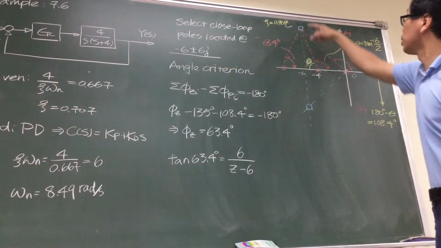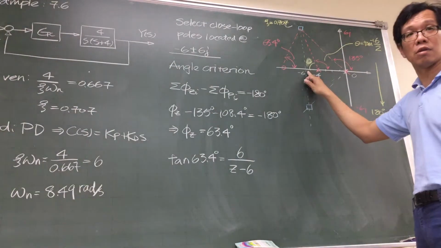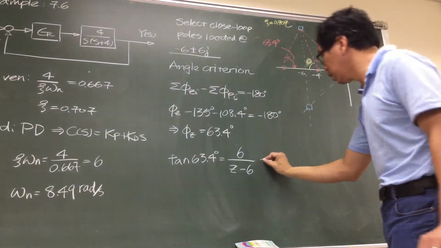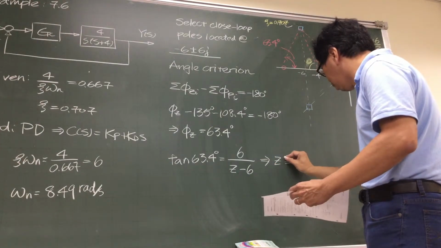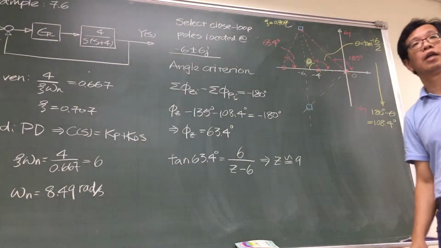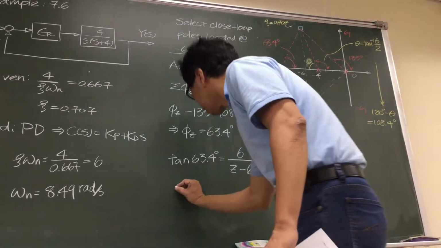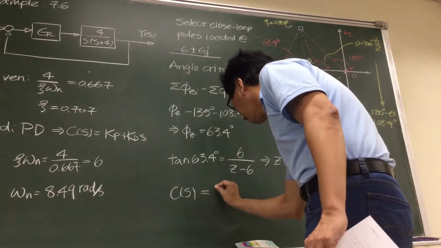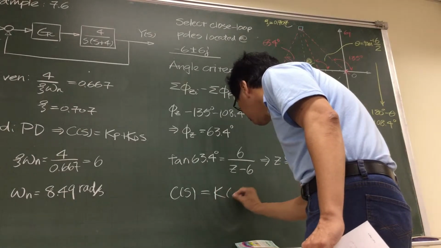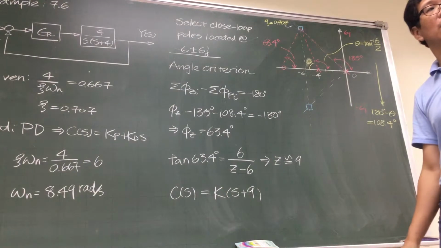The reason I put 6 is because it's the projection on the horizontal axis, so this one must be negative 6, right? So over here, I'm going to get Z, which means the open loop controller zero I have is going to be this one.